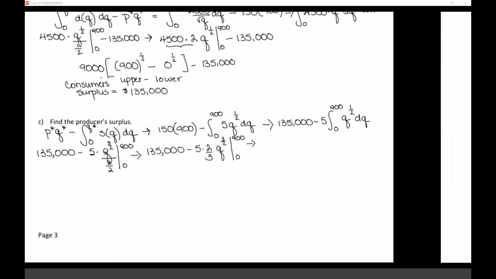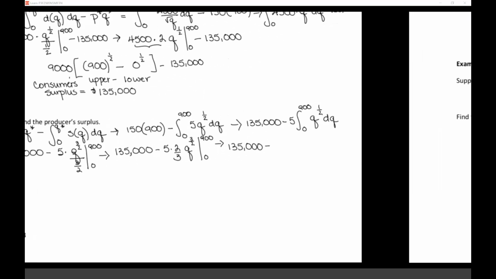If you want to rewrite it one more time, just to simplify things, you can combine steps, as long as you don't lose track of what you're doing. 5 times 2/3 is 10 on top, thirds, Q to the 3/2 from 0 to 900.